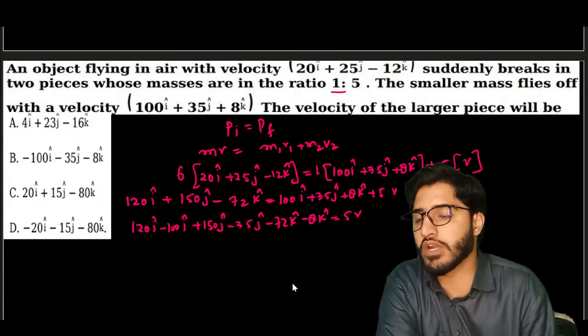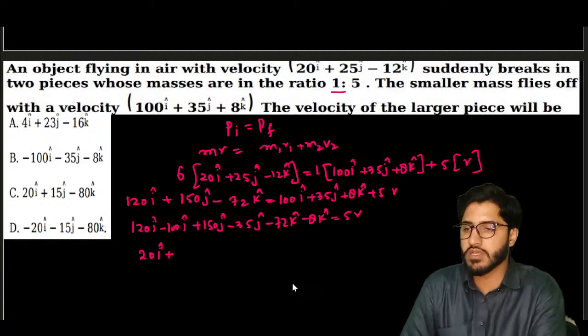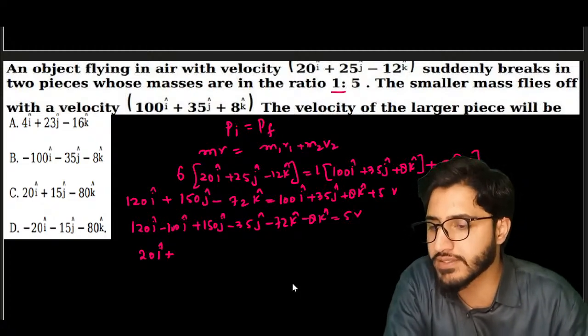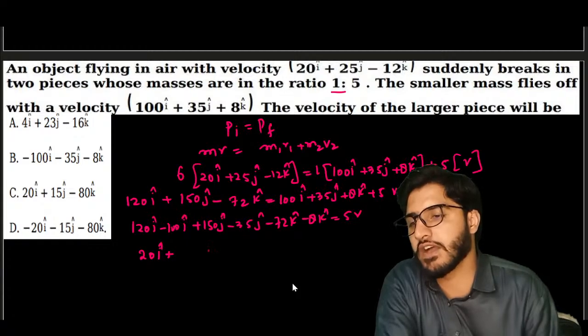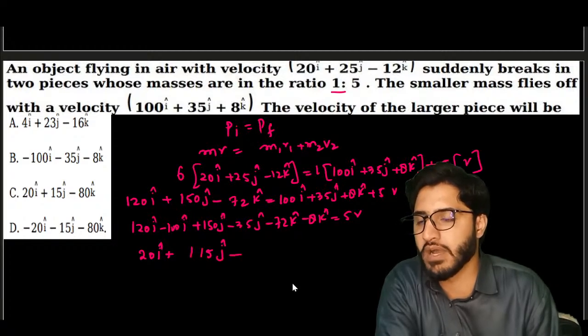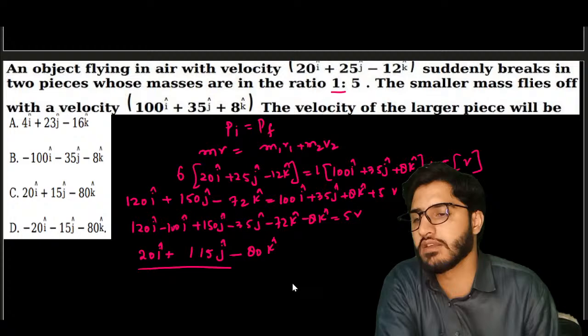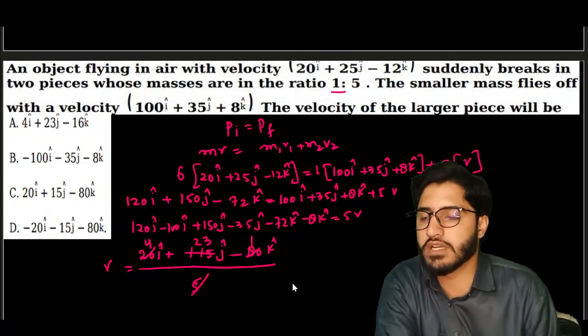So 120 minus 100 is 20 i cap, plus 150 minus 35, which is 115 j cap, minus 72 minus 8, which is 80 k cap, whole divided by 5 equals v.